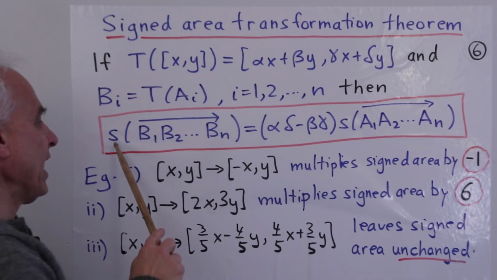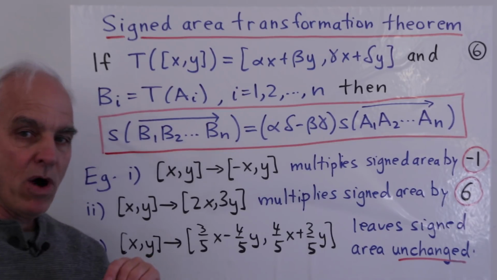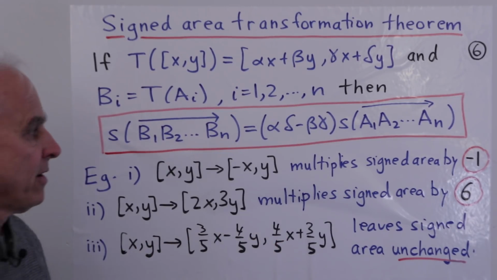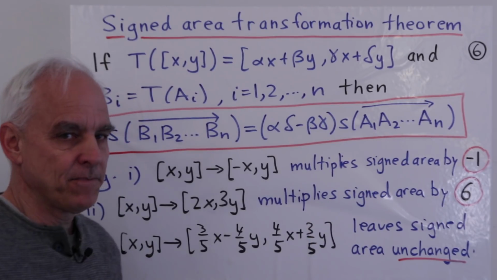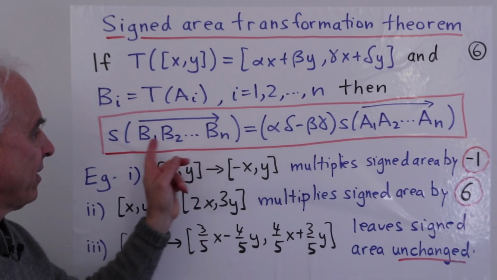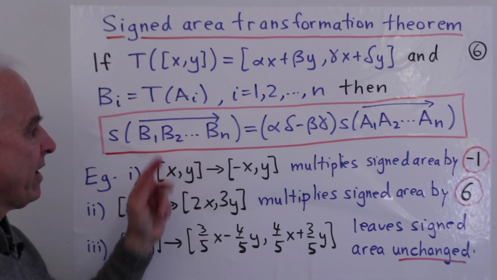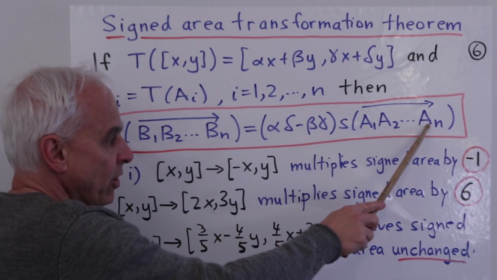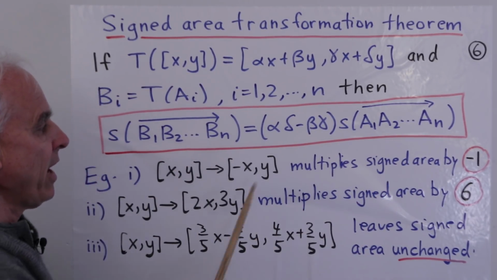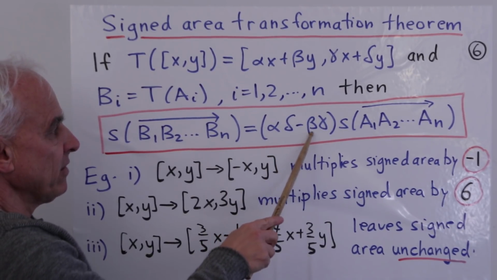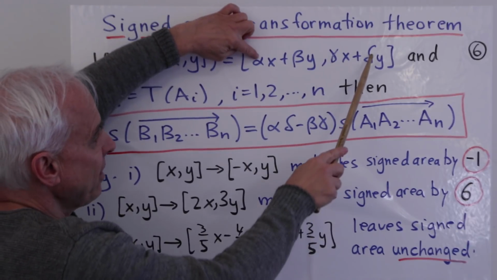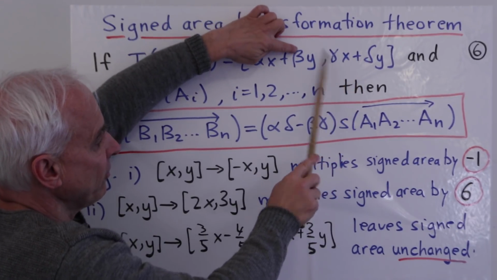So we're interested in relating the signed area of the spline B1, B2 up to Bn to the signed area of the original spline A1, A2 up to An. And the theorem is that the signed area of the new spline is a multiple of the signed area of the old one, and the multiple is alpha times delta minus beta times gamma.